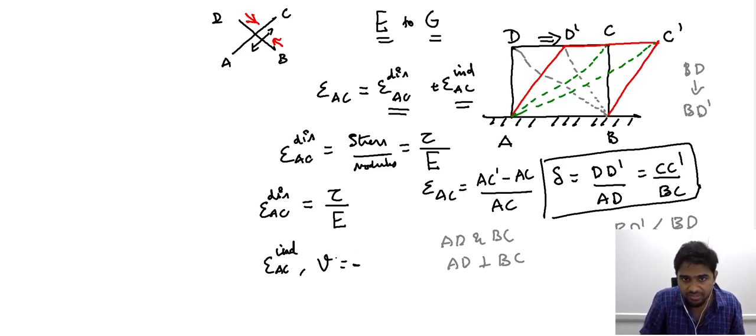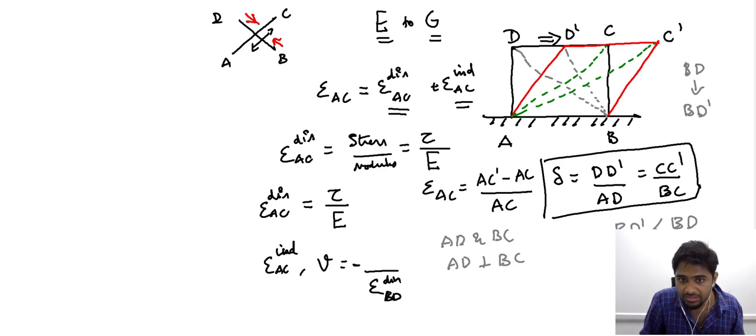So the Poisson's ratio is the ratio of minus the strain that we observe in the perpendicular direction. So for the Poisson's effect, we are focusing on BD. So it is the strain that is experienced along BD. So this will assume the role of the denominator.